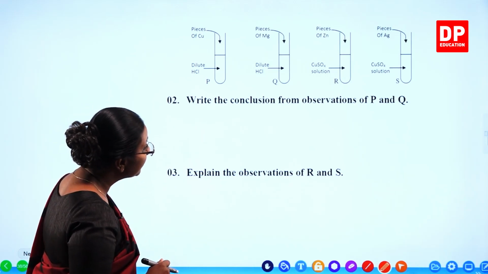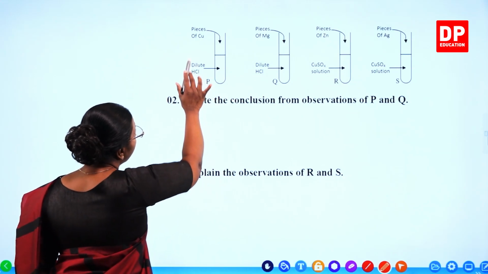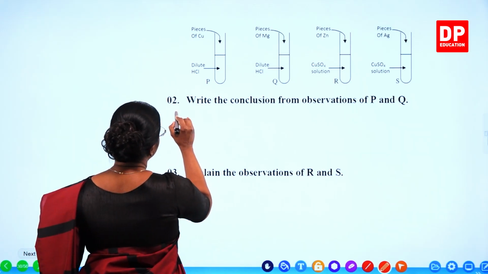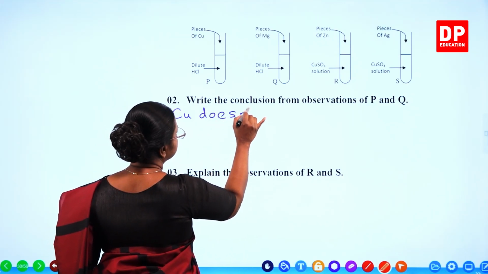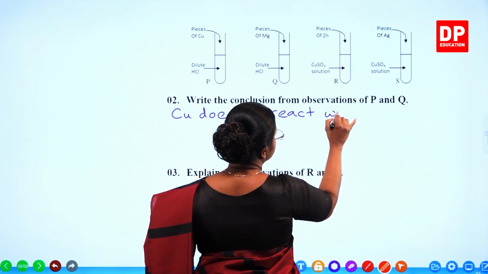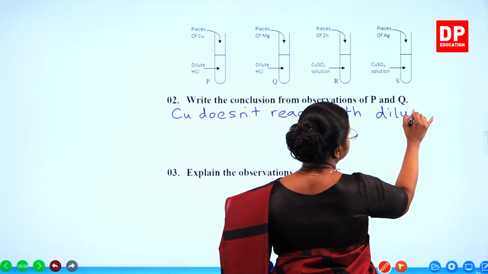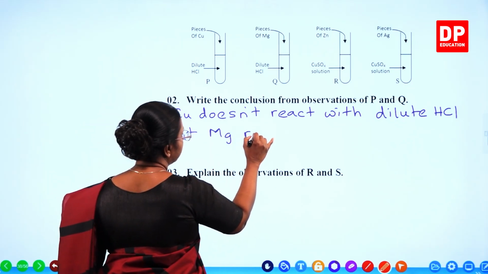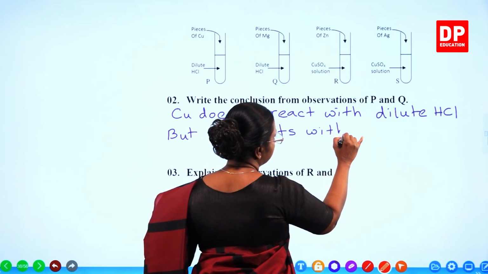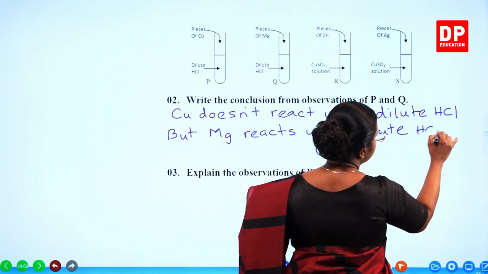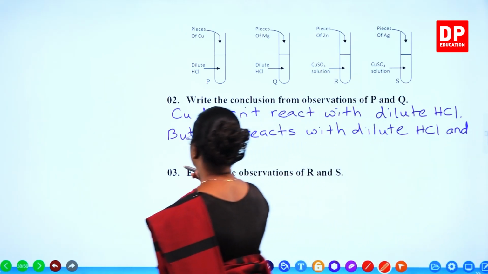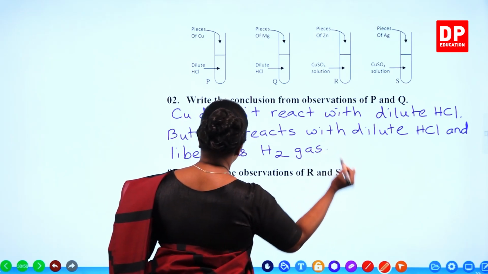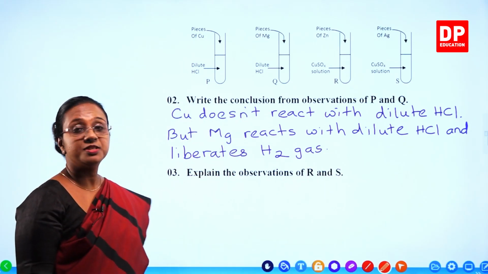Write the conclusion from observations P and Q. Copper does not react with dilute hydrochloric acid, but magnesium reacts with dilute hydrochloric acid and liberates H2 gas.